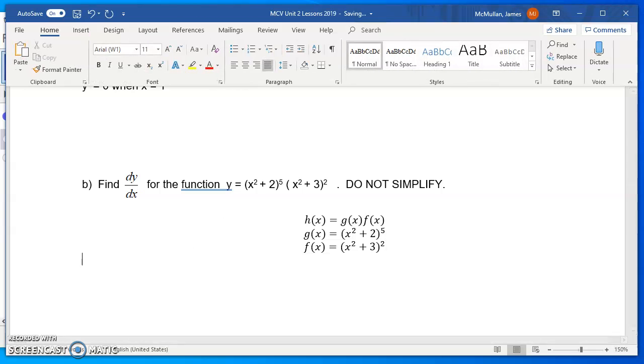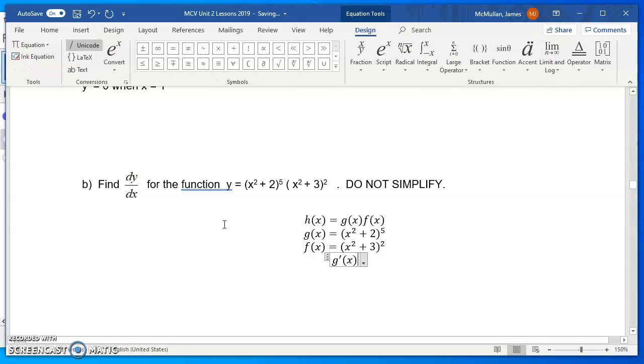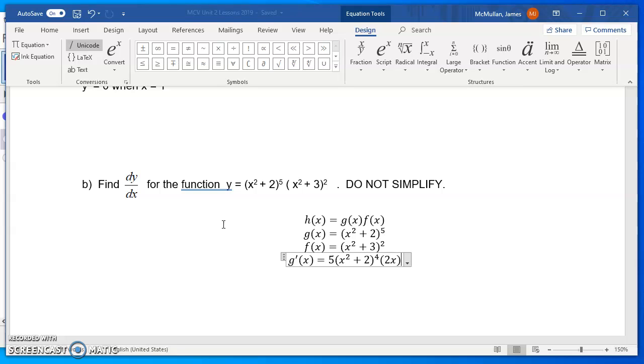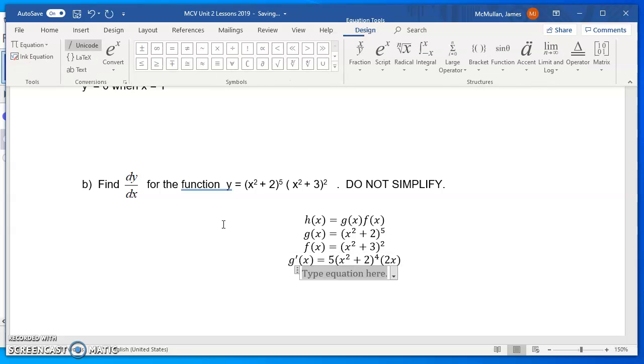Now I'm finding the other parts, g prime. Bring the 5 down in front. x squared plus 2 copied out to the power of 4. Then I take the derivative of what's inside the bracket. The x squared becomes 2x, the 2 becomes 0. So there's my derivative, g prime.